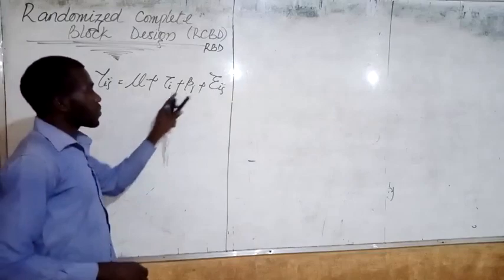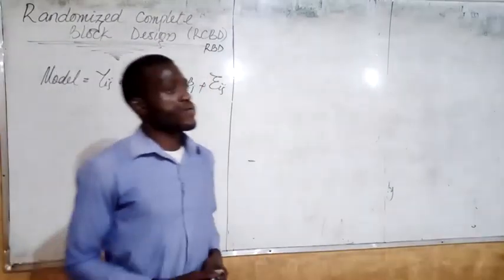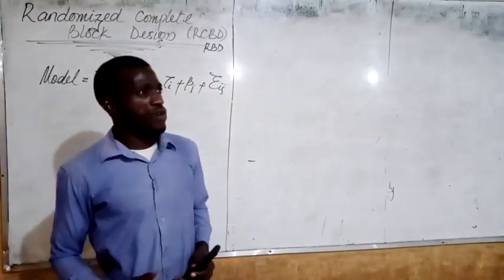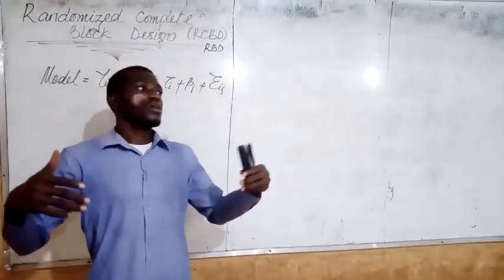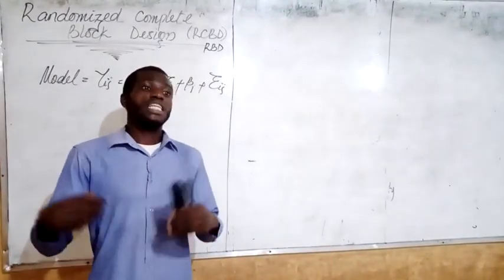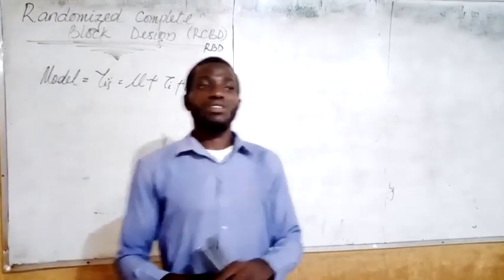Now, let me explain further what blocking means. For example, if I want to test for the effect of a particular societal construct on the perspectives of people, I cannot just rank people.